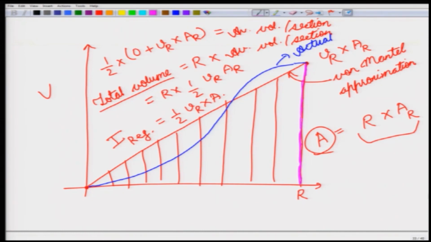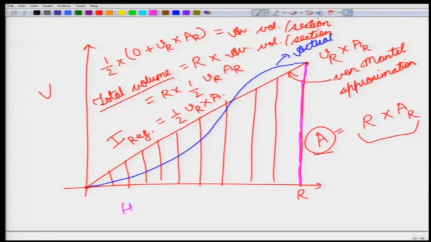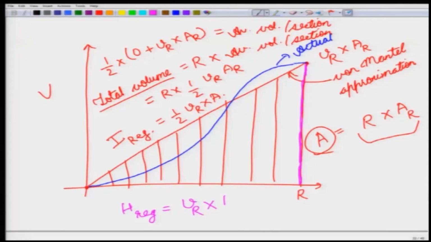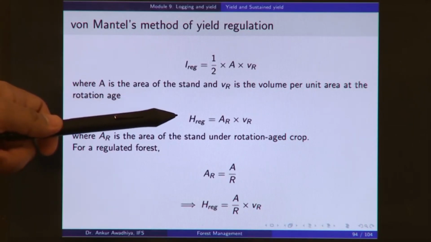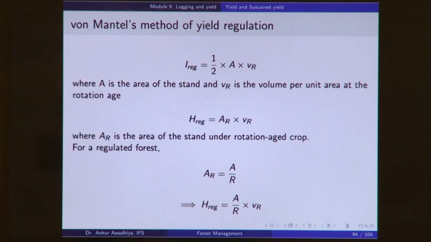In this year, what is the amount that you will be harvesting? It is given by VR, which is the volume per unit area at the rotation age, multiplied by AR, which is the area of this particular coupe. So, H in a regular or ideal forest is AR into VR.